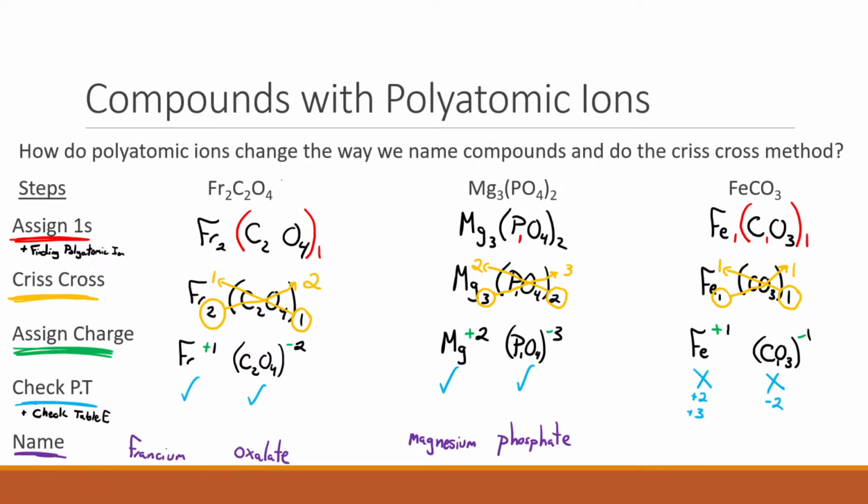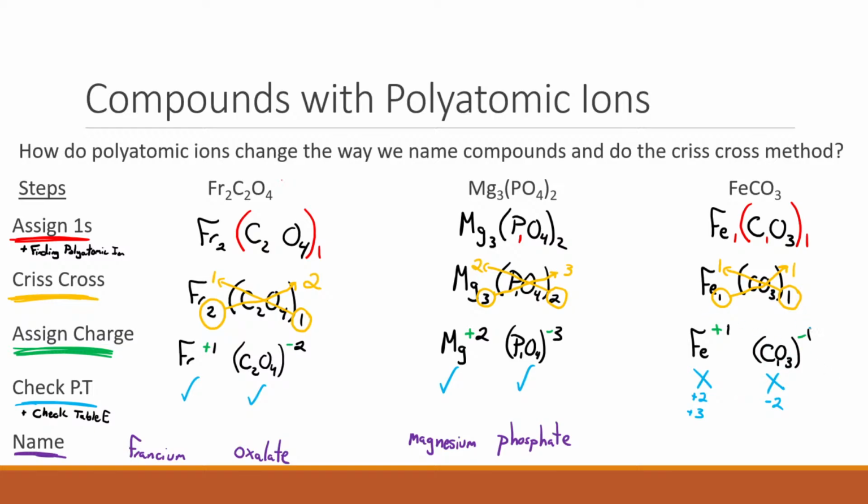When we get something like this, where something doesn't match the table, we must adjust. We're going to need to double these charges or triple these charges or quadruple these charges, multiplying them both by the same amount to make them match their table.